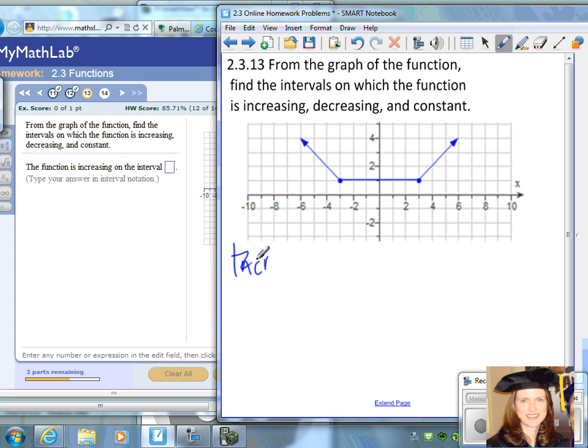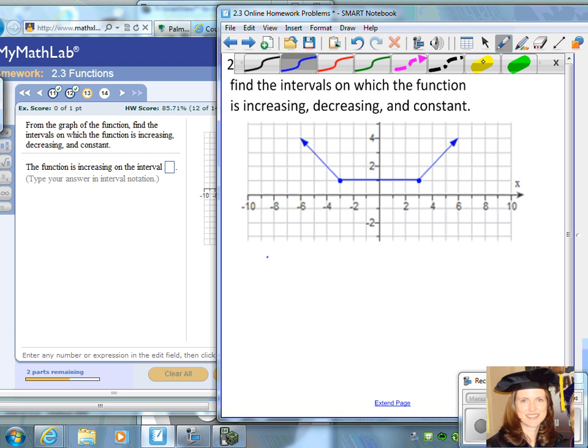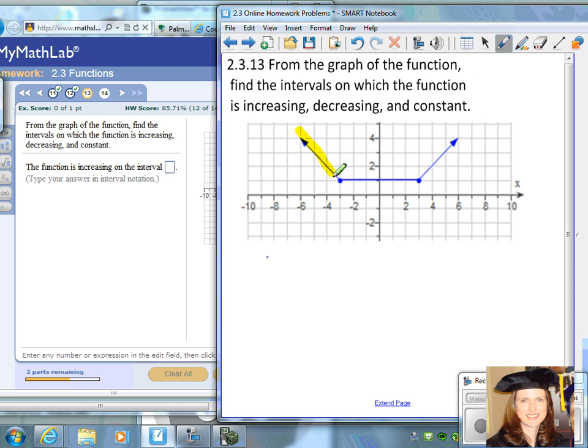You could see this graph is broken up into three parts. We have this part over here, where the graph is actually going down the page from the left side to the right side.